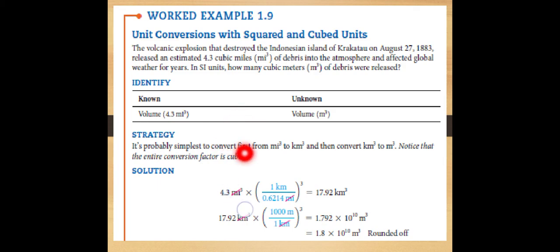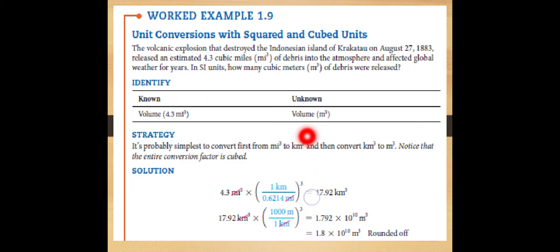So we simply write this down and apply this conversion factor to convert into kilometer cube, and then we convert this kilometer cube into meter cube. As we know that mile cube is in cubic units, we have to take the cube of this whole unit conversion factor.